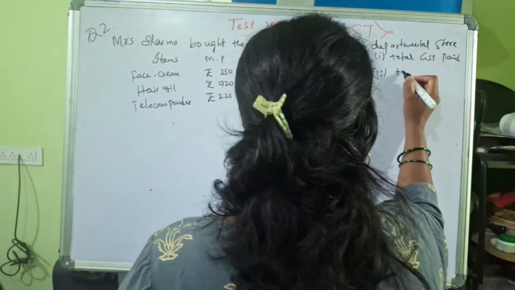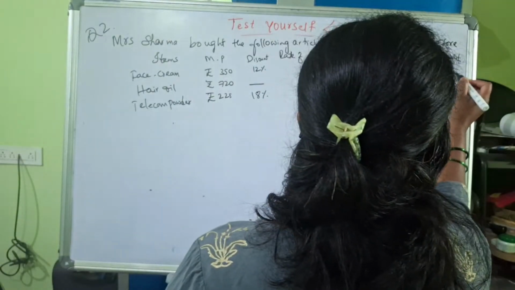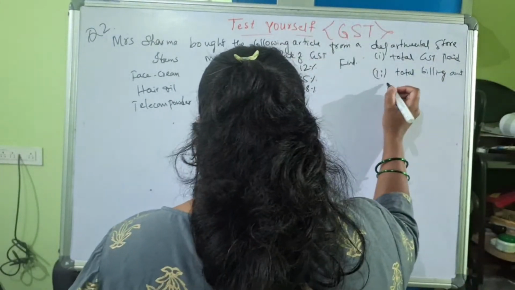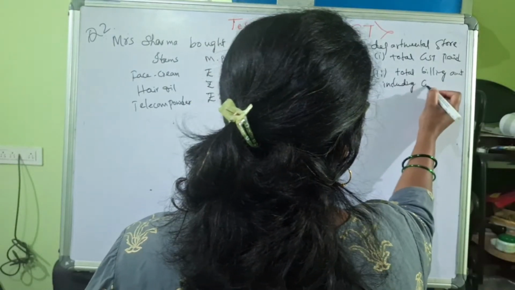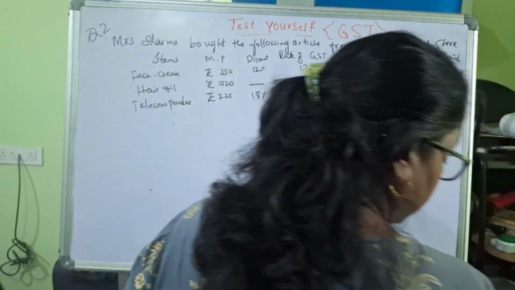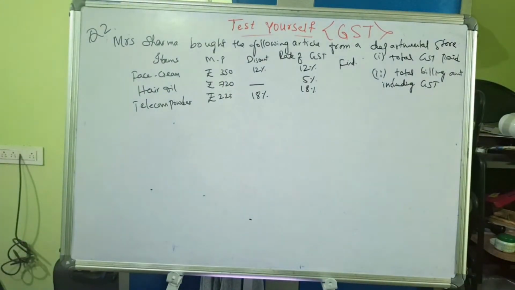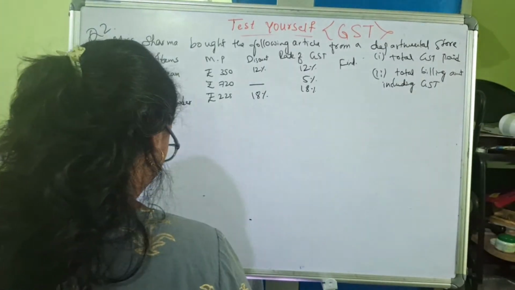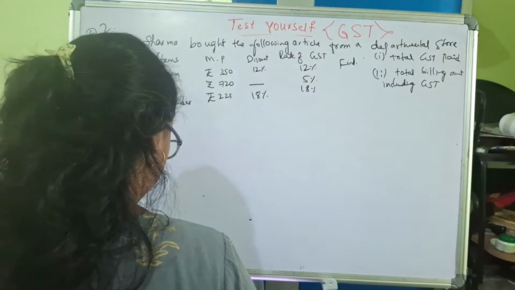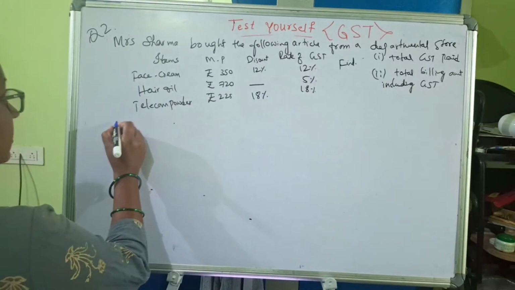And the second question is the total billing amount including GST. This question is similar to the exercise 1.1 questions. So we'll reconstruct the table.